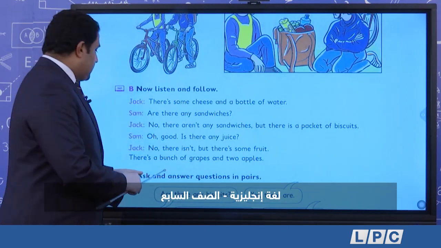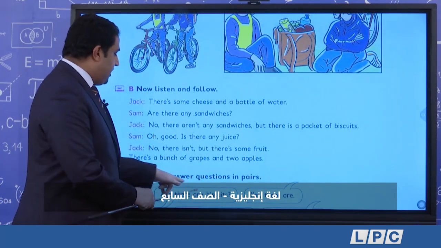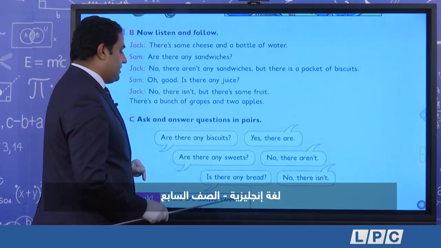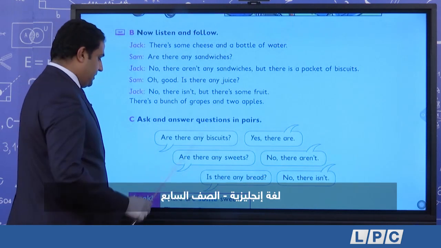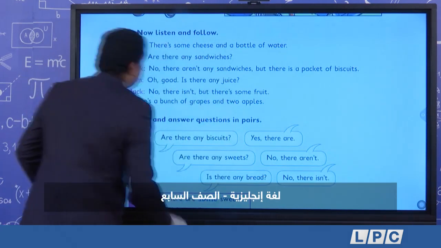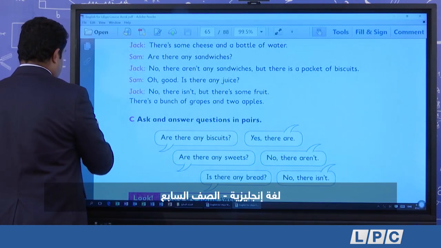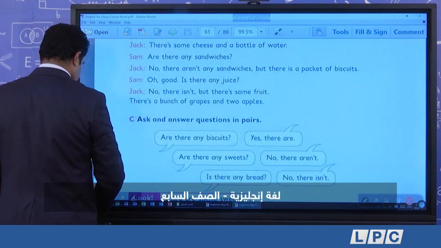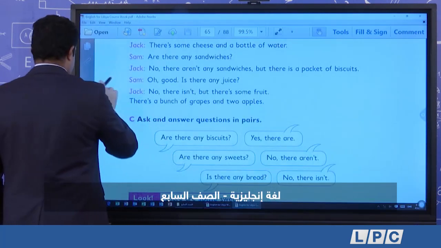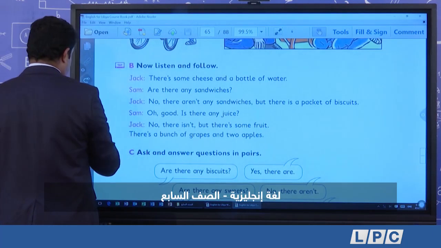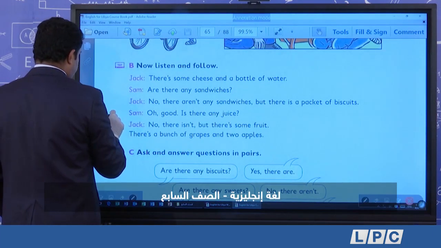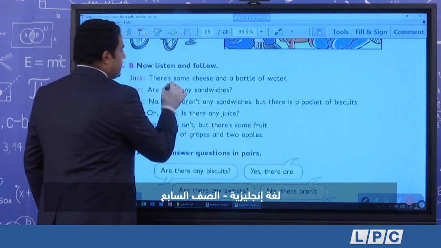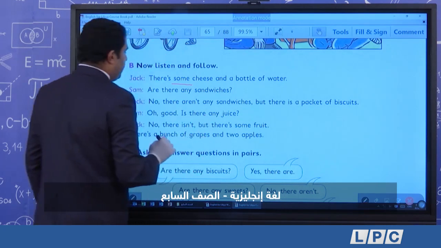Clear enough? Okay. Are there any biscuits? Yes, there are. Are there any sweets? No, there aren't. Is there any bread? No, there isn't. I want you to underline these words: There is some cheese and a bottle of water.